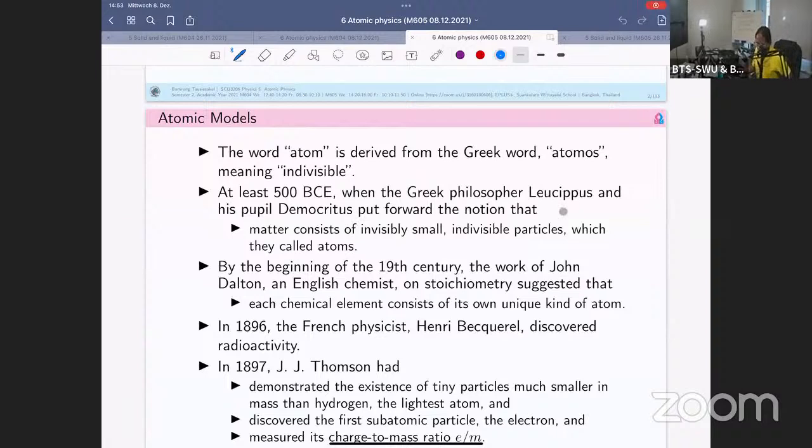They put forward the notion or the idea that matter consists of invisibly small and indivisible particles, which they call atoms. All right, and that's the first generation about atoms. But there is no detail yet about the structure of the atom, right?